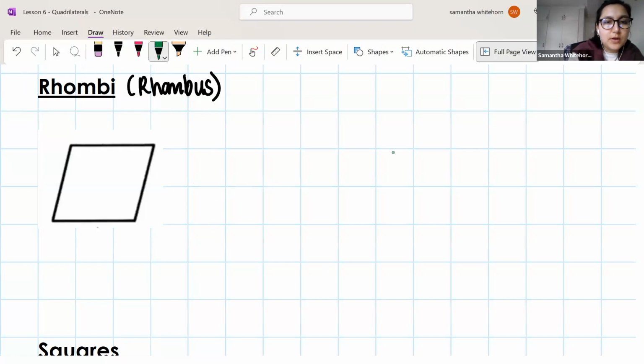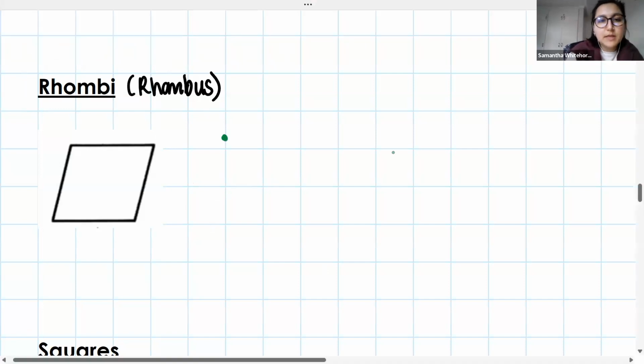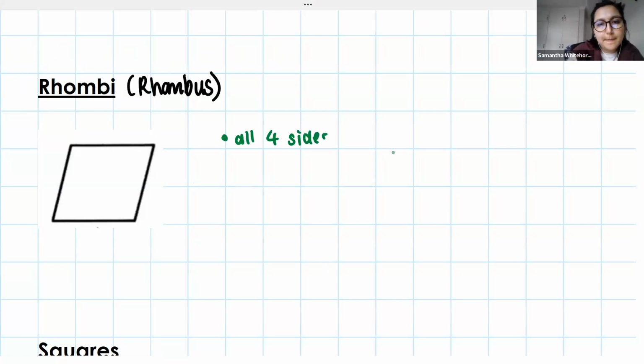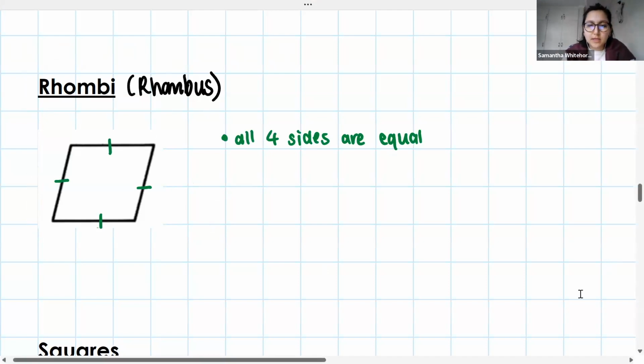Okay, so what's now unique for a rhombus is that all 4 sides are equal. So unlike the parallelogram and the rectangle where opposite sides are equal, now we have all 4 sides equal. Very nice. Luanle, what else do we have?